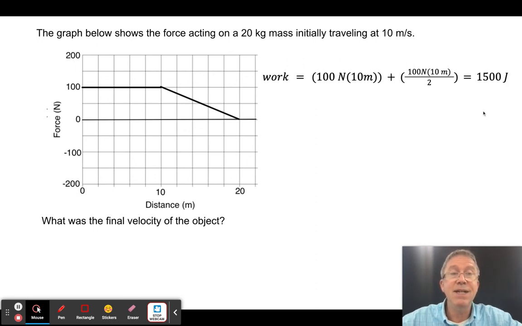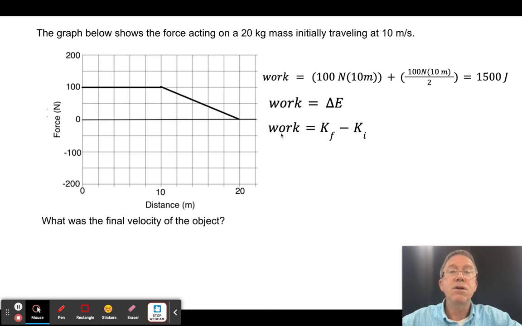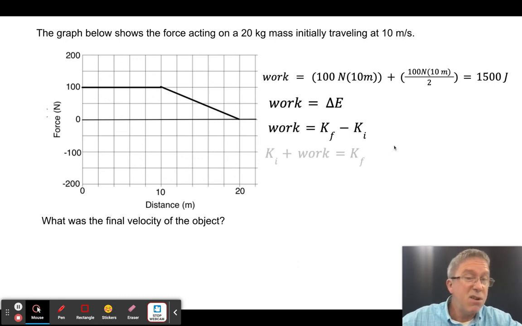So it's gaining 1,500 joules of kinetic energy. Now, work is equal to the change in energy. So I could say work equals the kinetic energy I end up with minus the kinetic energy I started with. Therefore, the kinetic energy I start with plus the work I did tells me the final kinetic energy.